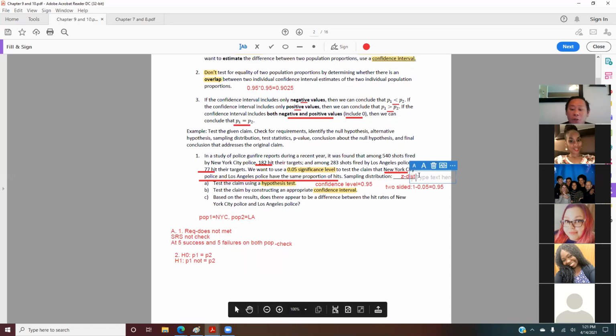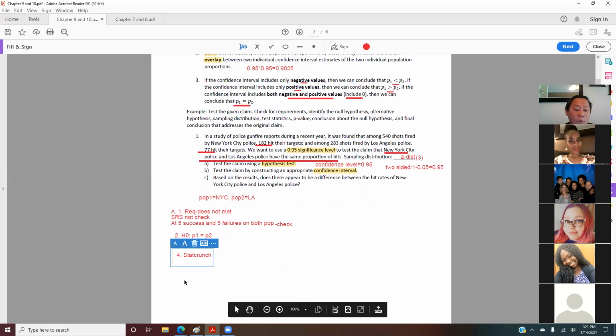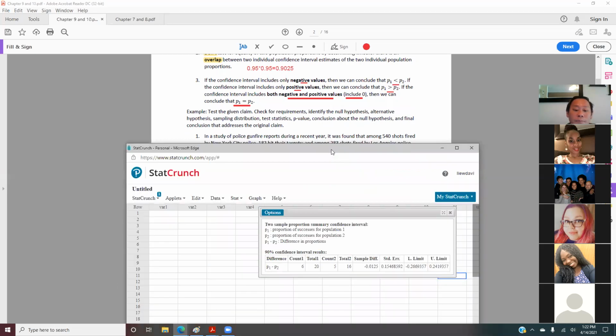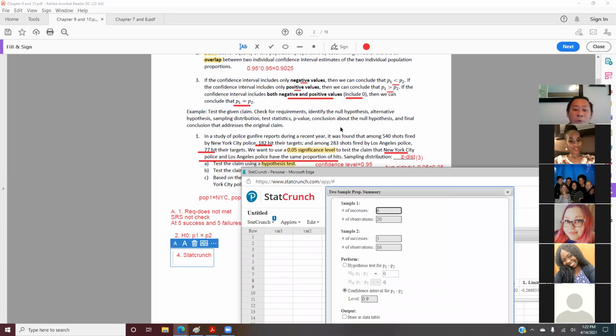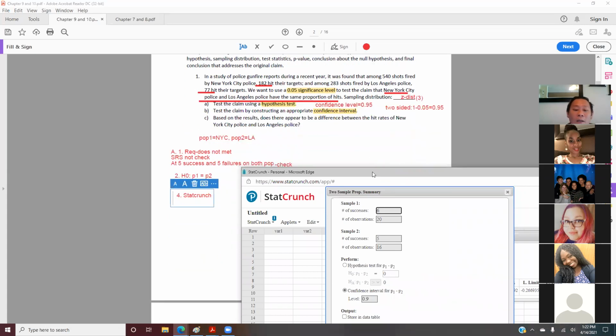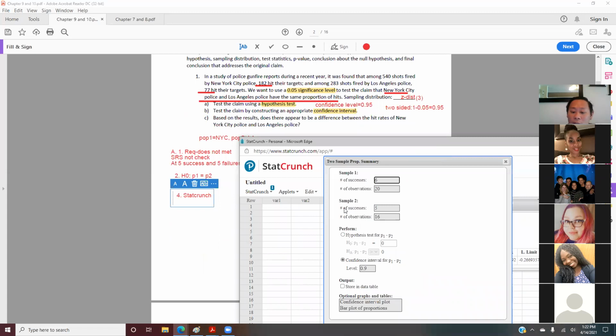This is step 3, which is your Z distribution, which we got already. Step 4, you need to use StatCrunch to do your work here. So you go to StatCrunch. Now we need to put in some numbers. Again, this is for New York, this is for LA.